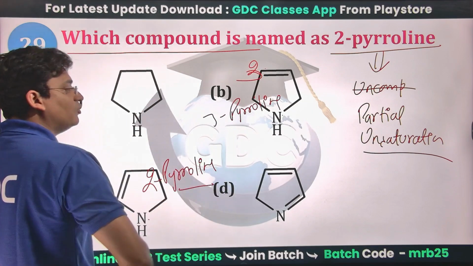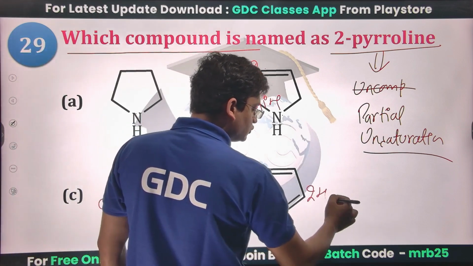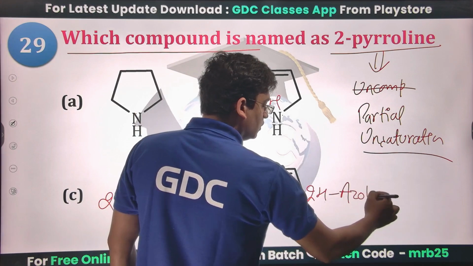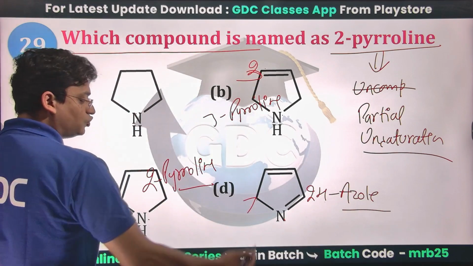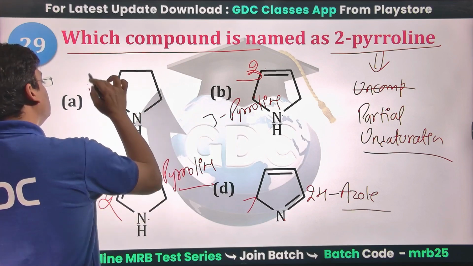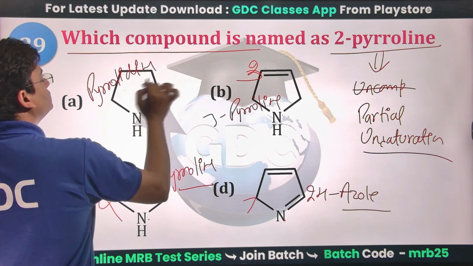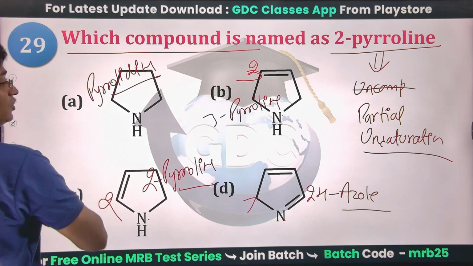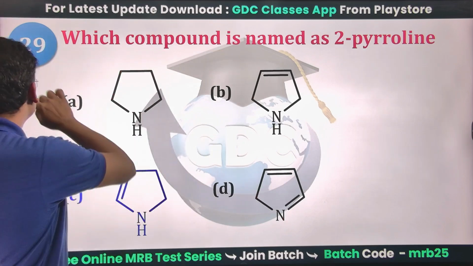This will be better named as 2H-pyrrole, since at the second position there is an extra hydrogen. And this is pyrrolidine. So 2-pyrroline, that is C, will be the right answer.